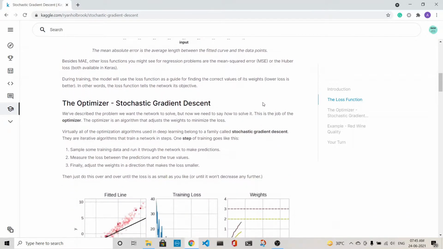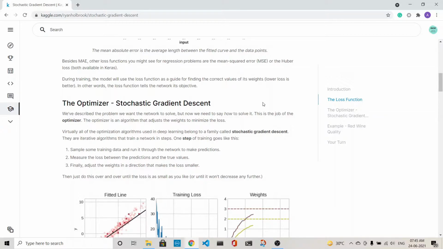Next comes stochastic gradient descent, quite a mouthful, but it is not very difficult. What it does is it trains in steps. So one step in the training looks like this. There is a whole training data.